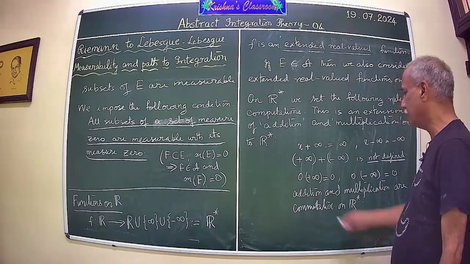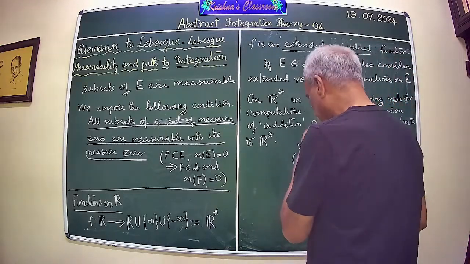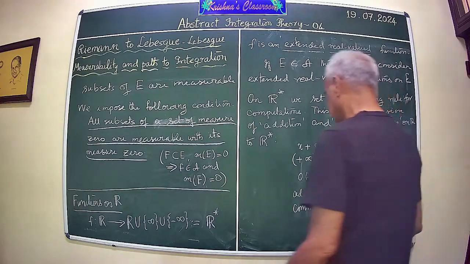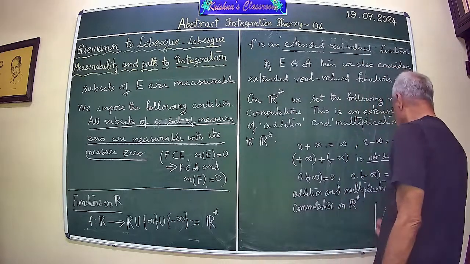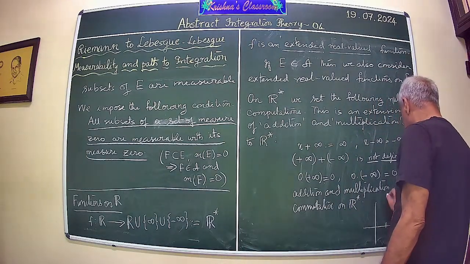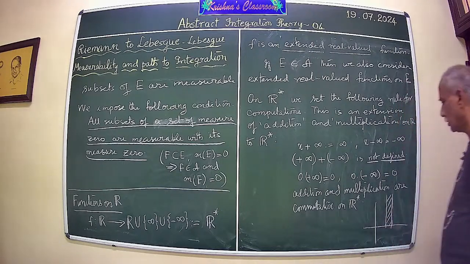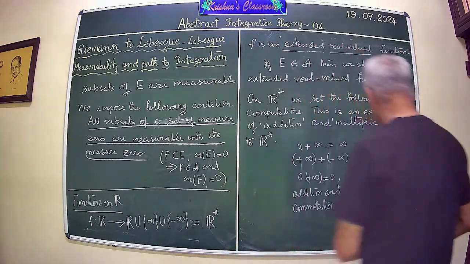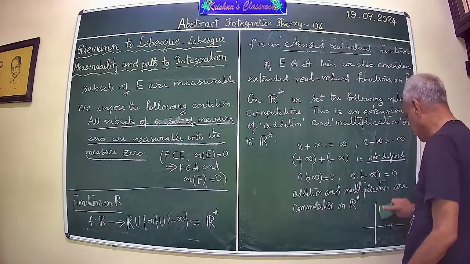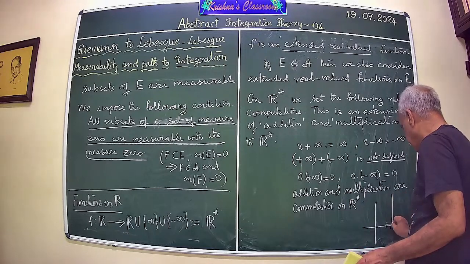Now, the reason why we do this. Suppose you have an infinite rectangle. What would you take as the area enclosed?